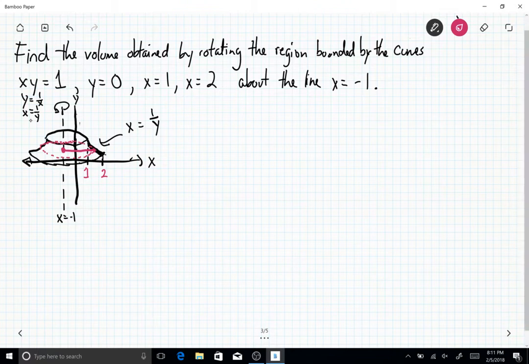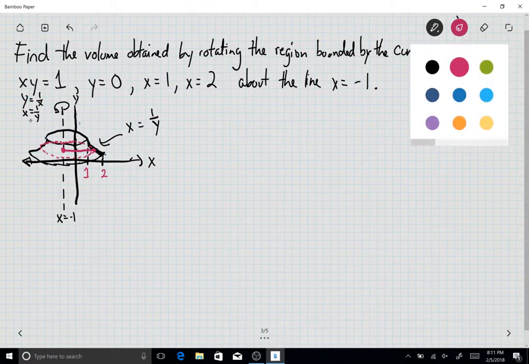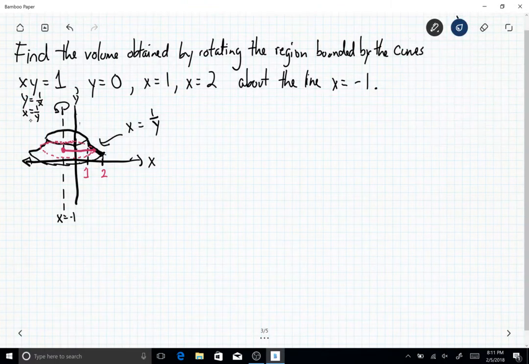Now we need to think about what's going to happen in terms of our radius. How do we get an equation for that radius? Well, if you take a close look, we have a distance here, and that distance is 1. Then we got to slap on another distance right here. What is that distance? That distance is just given by 1 over y. We can always get the x value in terms of 1 over y right there.